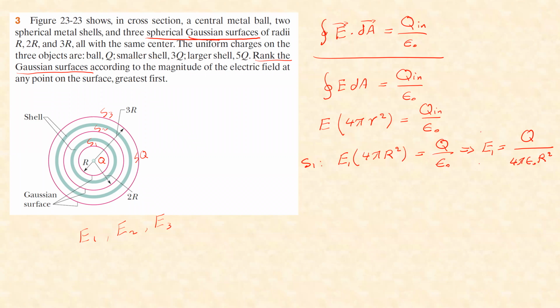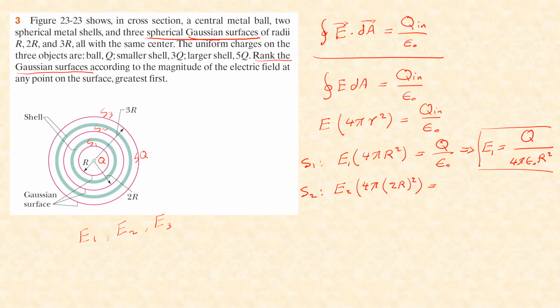All right, so this is for S1, E1 is this, right? What do I get if I write for S2? You have E2 times 4 pi, and the radius is what for the second one? 2r. 2r squared, right? Equal to how much charge is inside that? There's a Q on the ball, and there's 3Q on the inner shell, the first shell, the smaller shell.